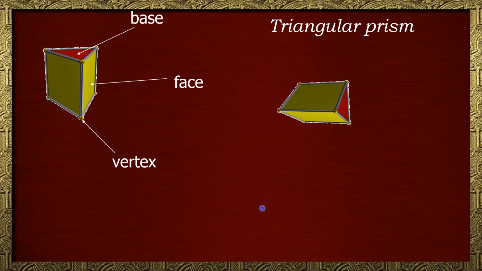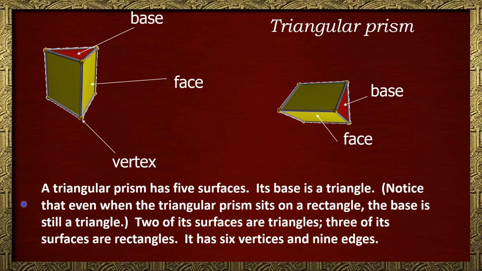Remember, even though the triangular prism rests on its rectangular plane surface, we should not consider that as the base. The base is always the triangular surface only. Still the base is that only. So a triangular prism has 5 surfaces.